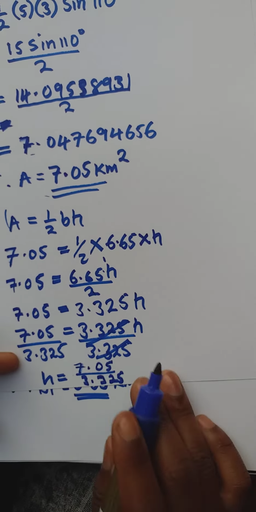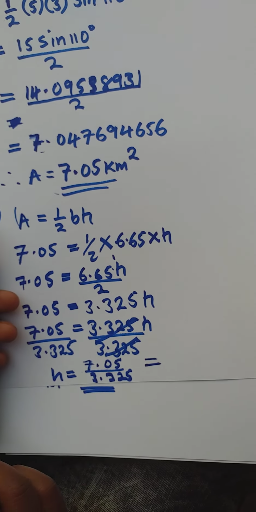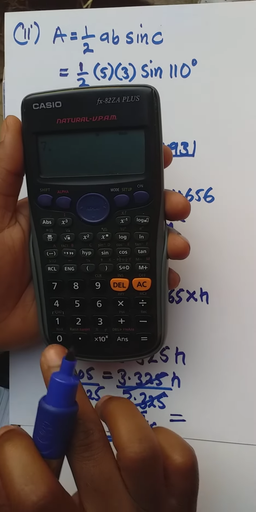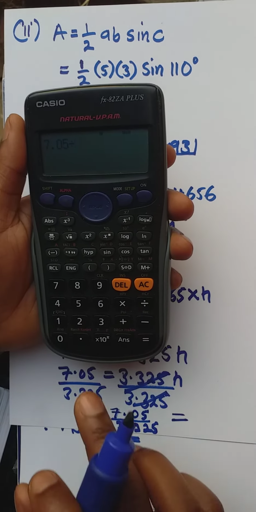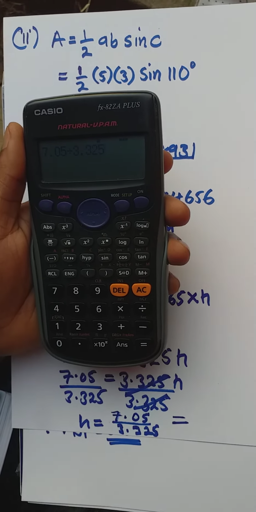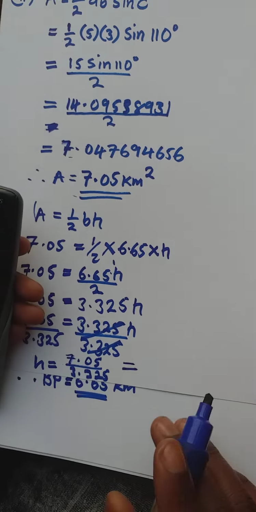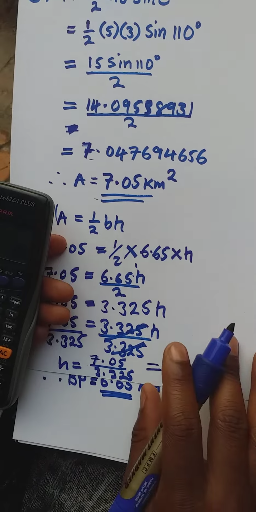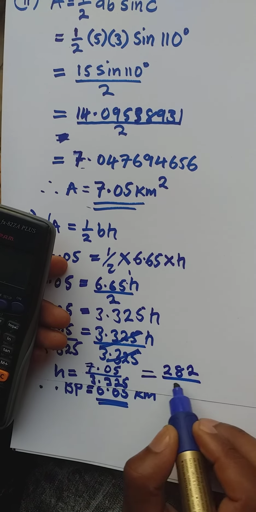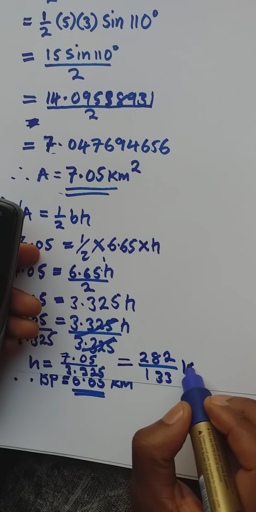Okay, so this should be equal to 7.05 divided by 3.325. Okay, so what we get in fractional form is 282 over 133, that is the kilometer.